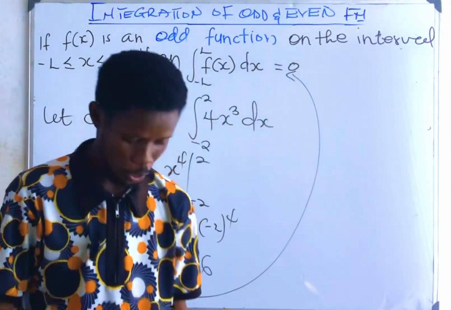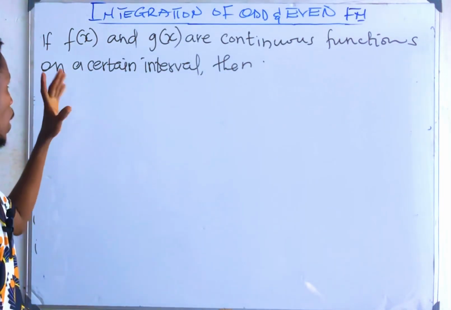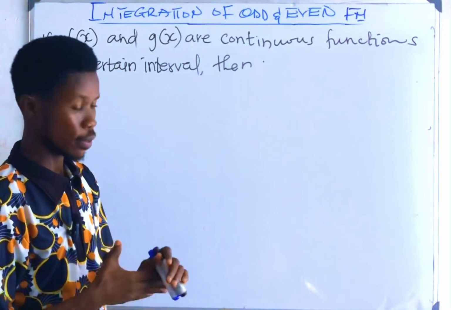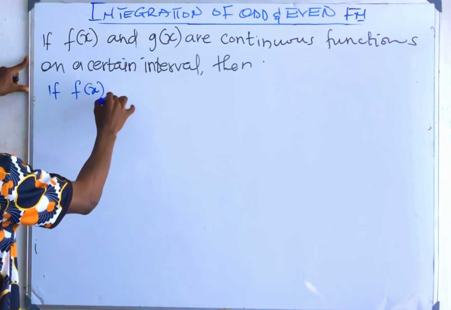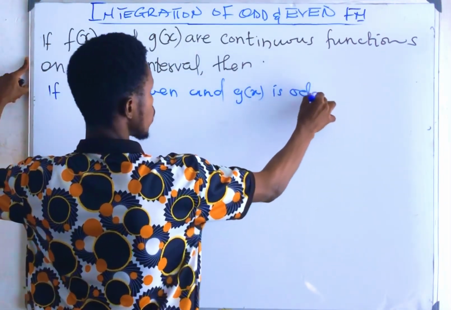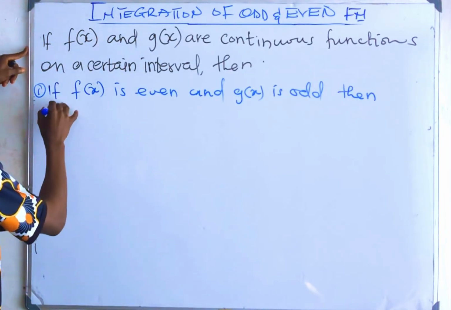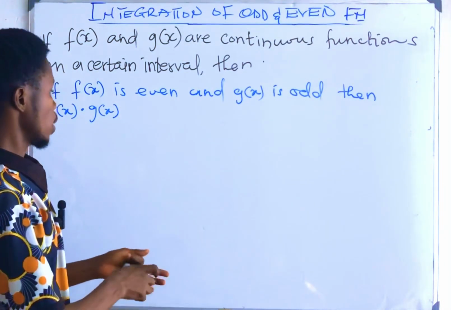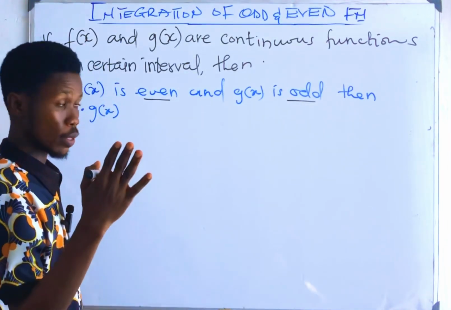So let's move to a different case. If f(x) and g(x) are continuous functions on a certain interval, then, first, if f(x) is even and g(x) is odd, then what is f(x) times g(x)?